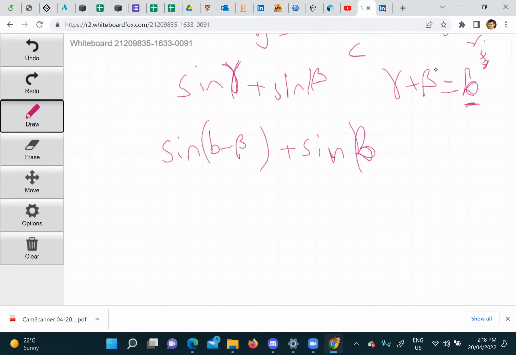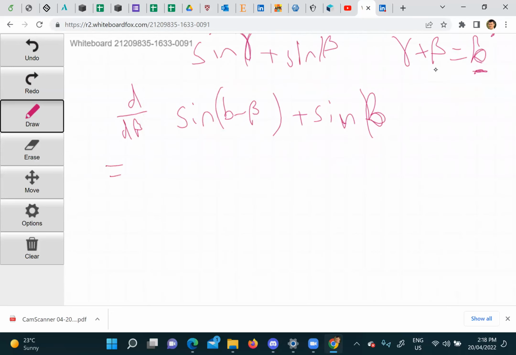Okay, and then differentiate this whole thing with respect to beta. So d/d beta equals sine, what does this equal? This equals some angle sum.